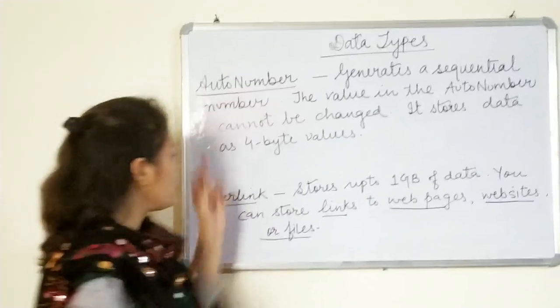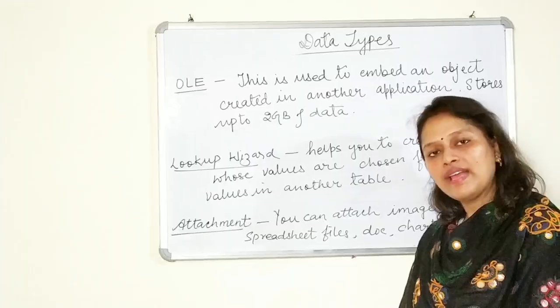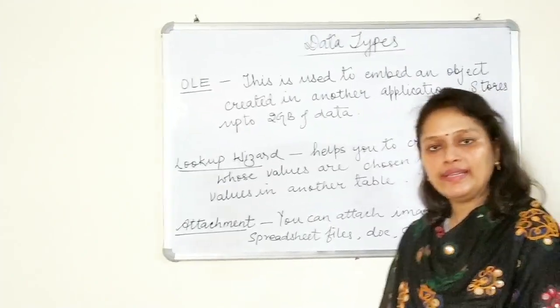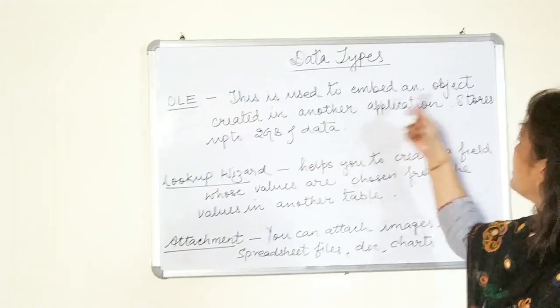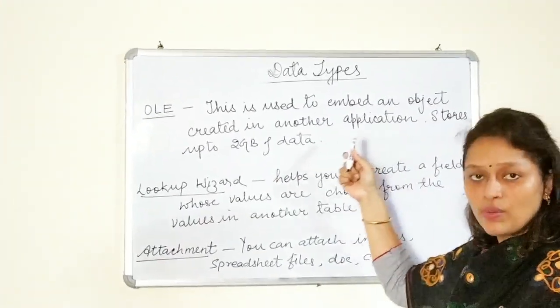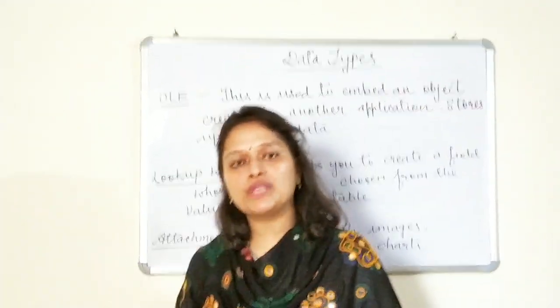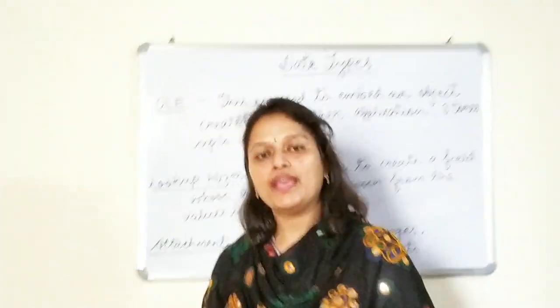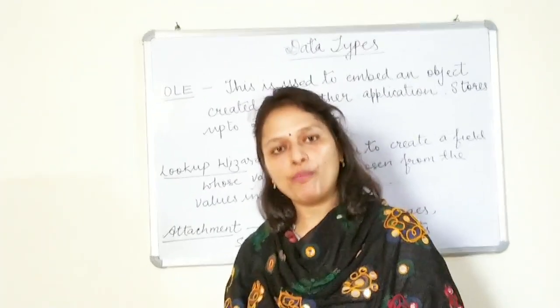I hope auto number and hyperlink are clear to you. Our next is the OLE data type. This is used to embed an object created in another application, like a spreadsheet, a document, or your PowerPoint.